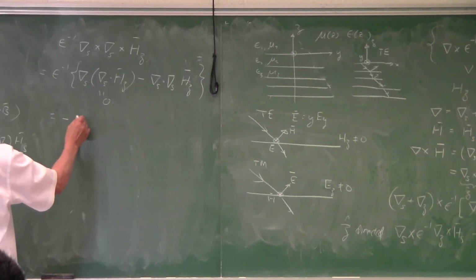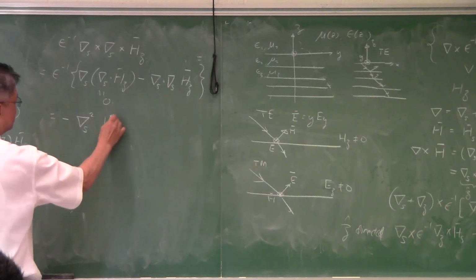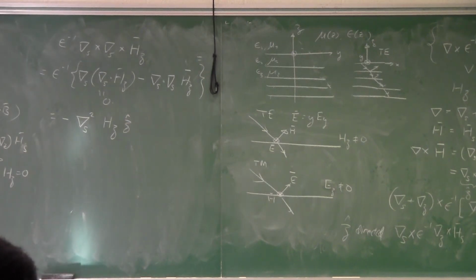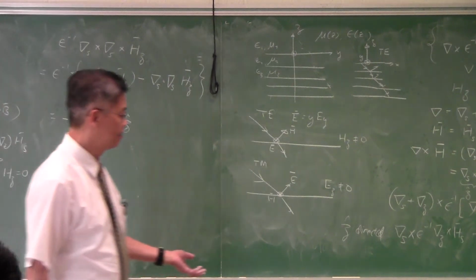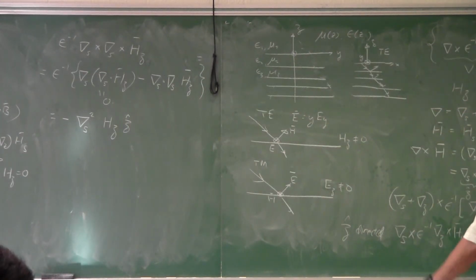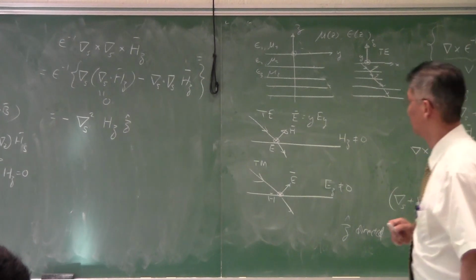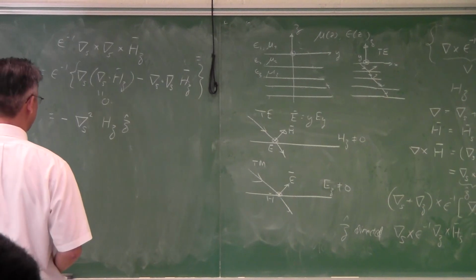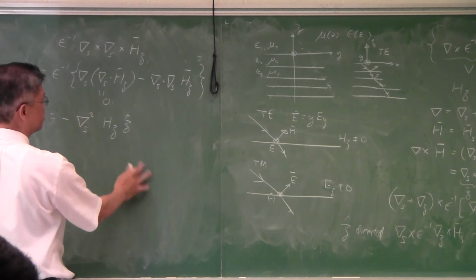So this is just minus the transverse Laplacian of hz z hat. And so the second term is just that. If I gather all these terms together, I have simplified the first term into that. If I gather this together with that, I end up with an equation that looks something like this.